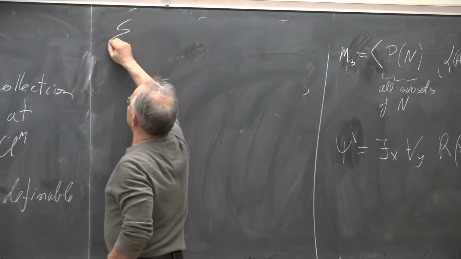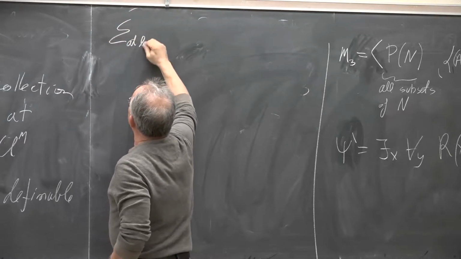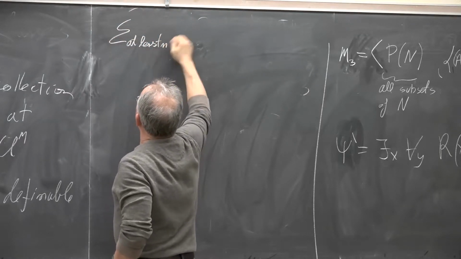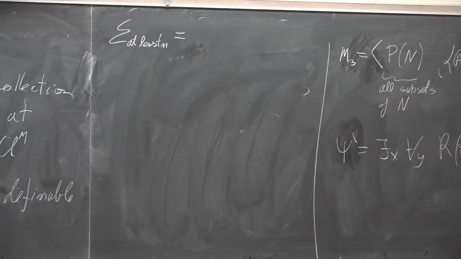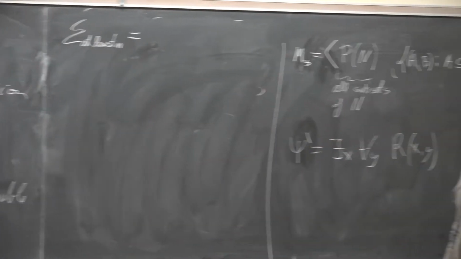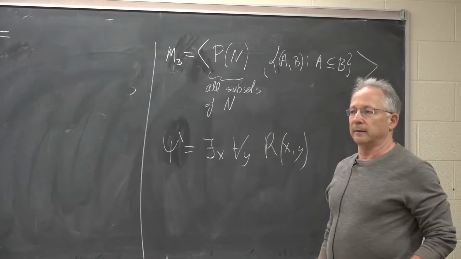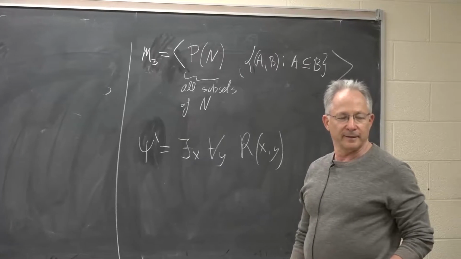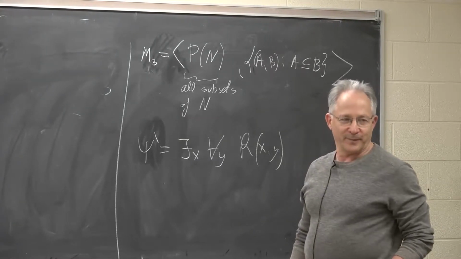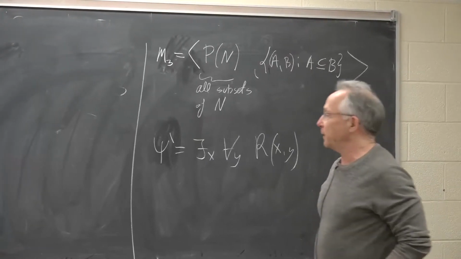So let's call it sigma at least n. What should I put in my set of sentences? There exists x1, there exists x2 up to xn, such that all pairwise not equal. Right.